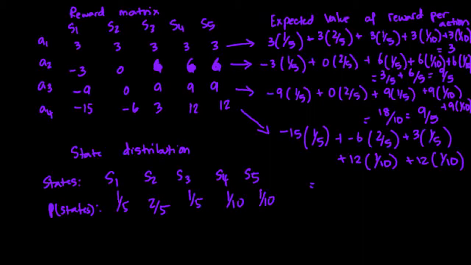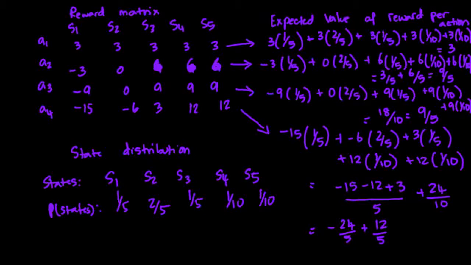If I add all together, I have minus 15 minus 12 plus 3 over 5 plus 24 over 10. You'll have negative 24 over 5 plus 24 over 10, which is 12 over 5. You'd end up getting negative 12 over 5.